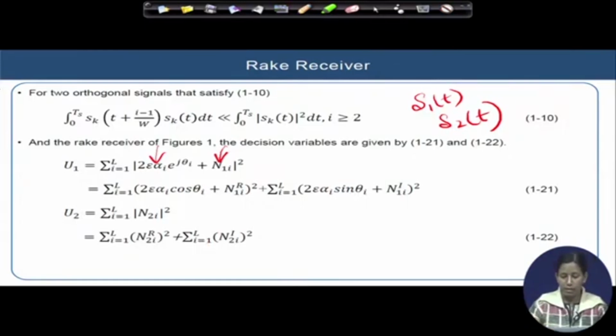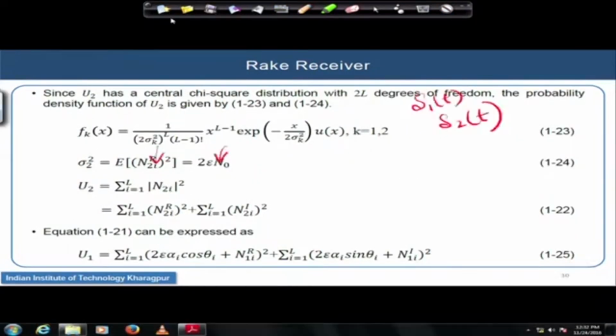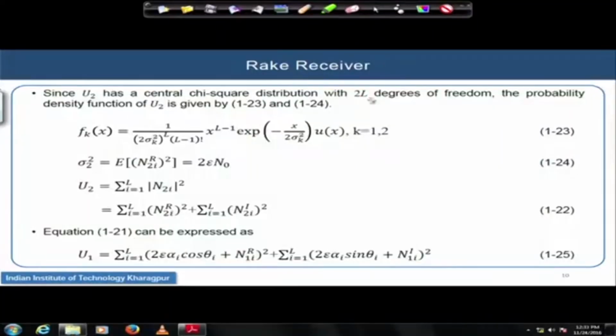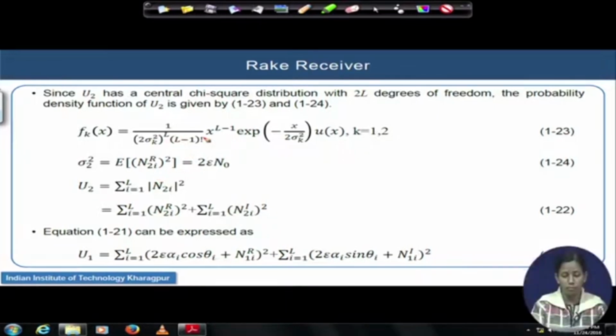Remember, this second decision variable that we have shown has a central chi-square distribution with 2L degrees of freedom. L is the length of the multipath channel, and hence the probability distribution can be represented by these two expressions. These are the probability density function for the chi-square distribution, where the variance is denoted by this.